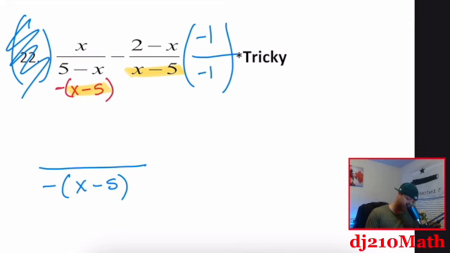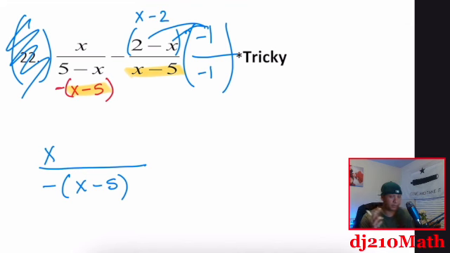So the denominator is going to be negative x minus 5. Numerator is going to be x. Okay, this is where it gets crazy because you have to distribute the negative. When I multiply by a negative, it literally switches the spot.